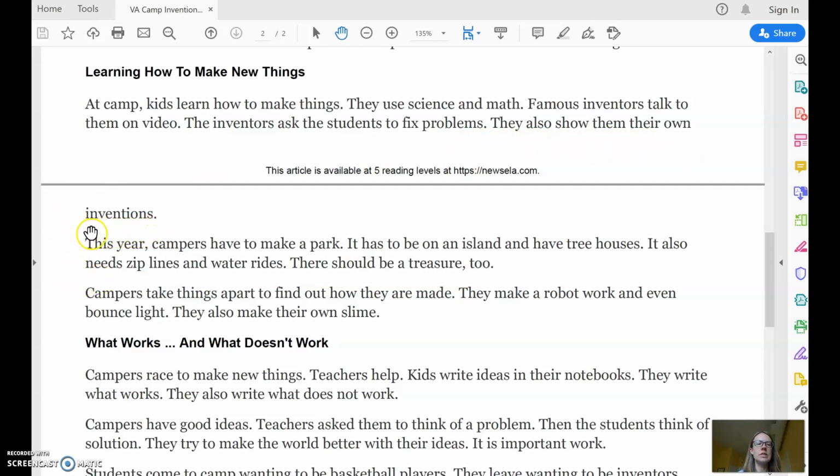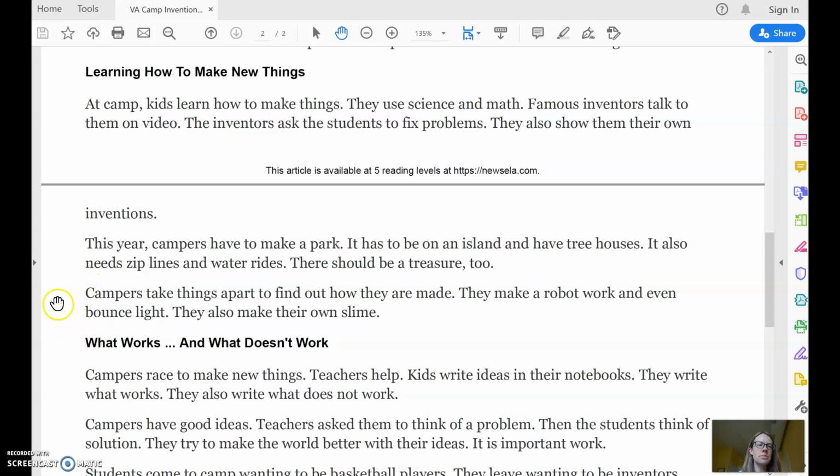Now read this paragraph to yourself. Let's read it together. This year, campers have to make a park. It has to be on an island and have tree houses. It also needs zip lines and water rides. There should be a treasure too.